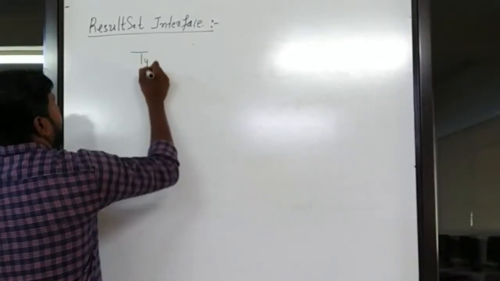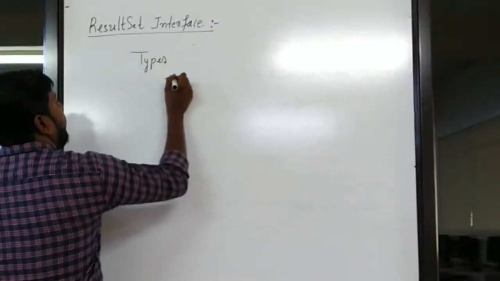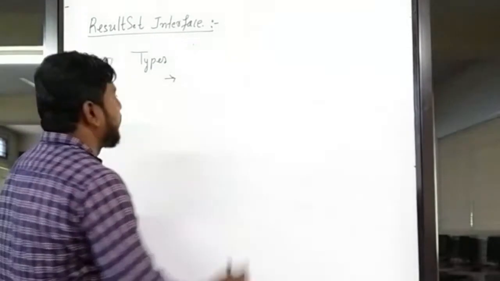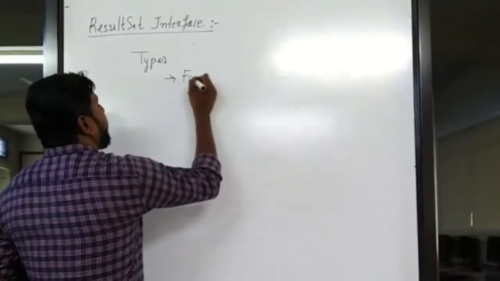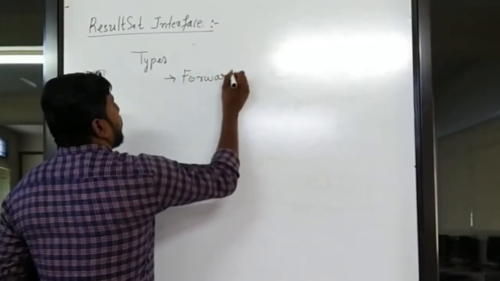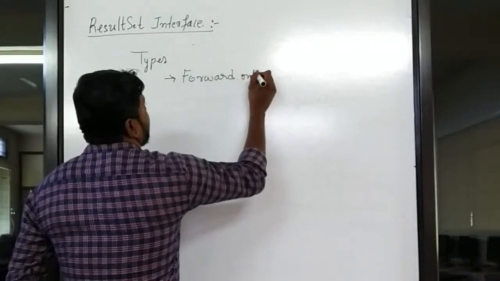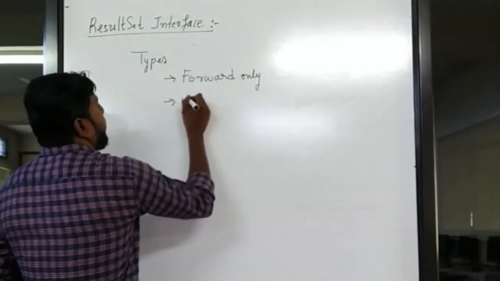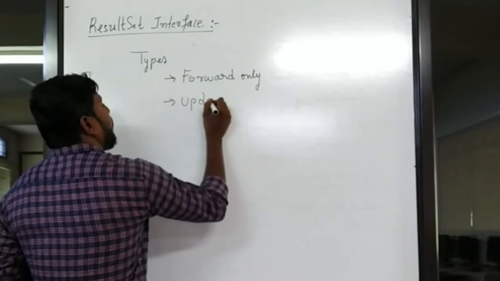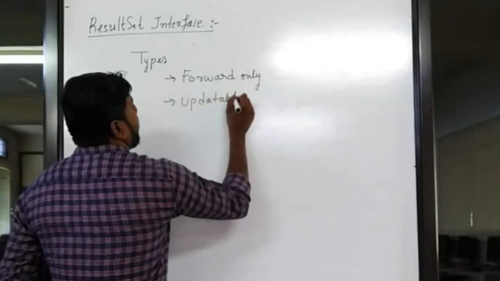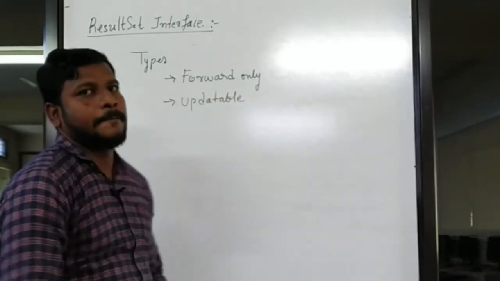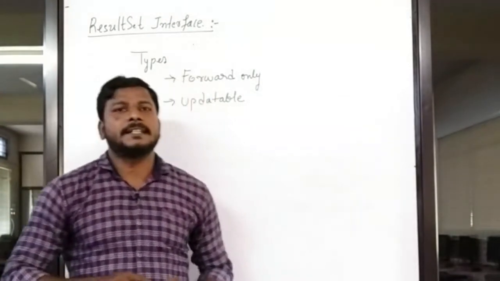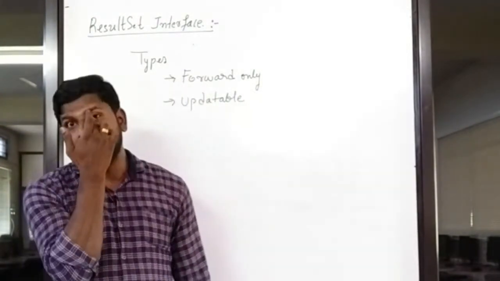The types of result sets. There are two types of result sets you can use: one is the forward only result set, and the second one is the updatable result set.